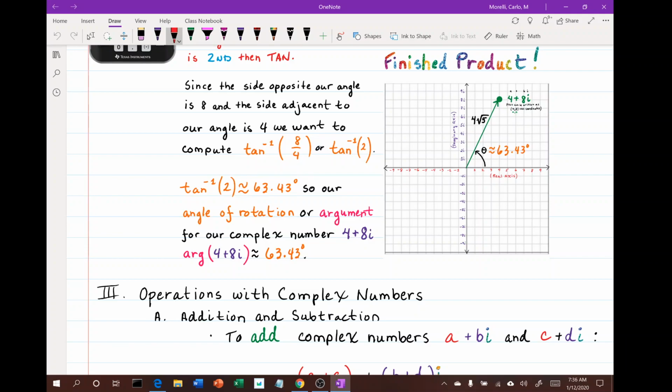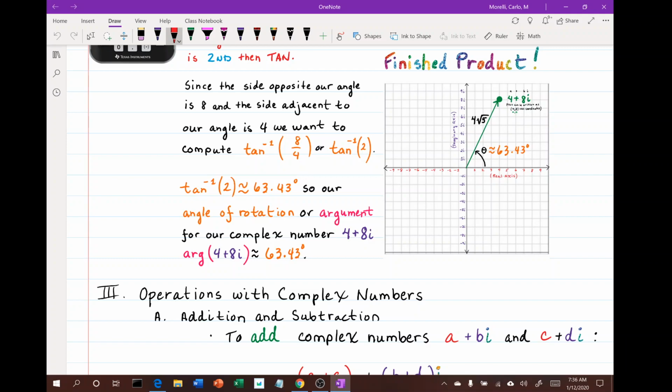The arctangent of 2 is approximately equal to 63.43 degrees. So our angle of rotation, or our argument, for our complex number 4 plus 8i, that is arg of 4 plus 8i, is approximately equal to 63.43 degrees.